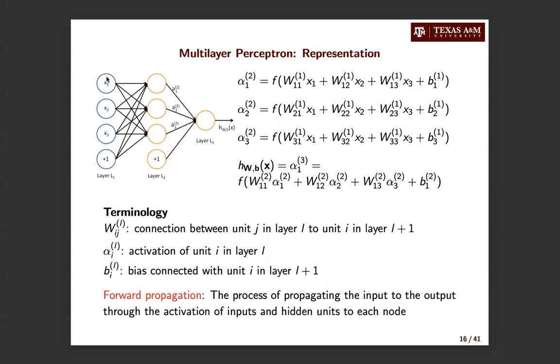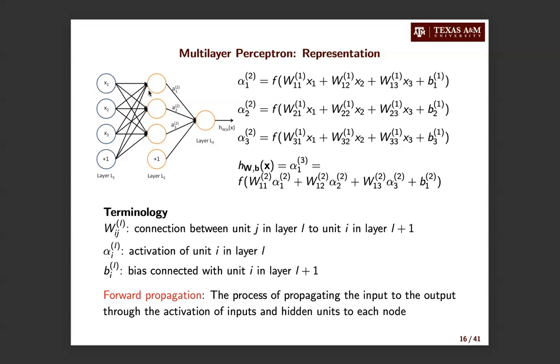So this means that if we have the first layer, the input layer here, and the second layer, the first hidden layer here, then we use weight W11 to connect the first input with the first hidden node. Similarly, we use weight W12 to connect the second input with the first hidden node, and so forth and so on.